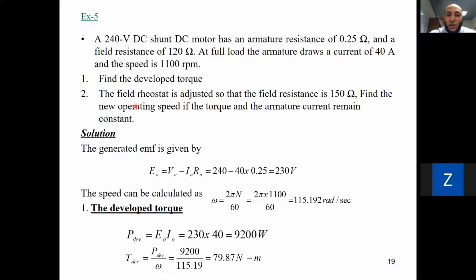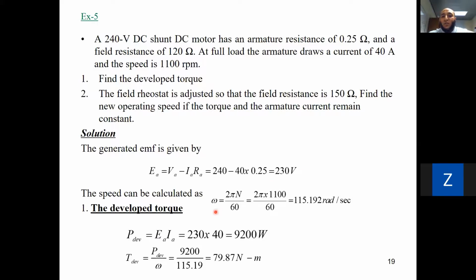So we have two parts here. The first part is regarding full load operation of 40 amps, and we need to calculate the developed torque. First, we need to calculate the generated EMF in order to get the torque. So EA equals V terminal minus IA RA, which is 240 minus 40 amperes multiplied by the armature resistance. So we can get the value of the generated EMF voltage.